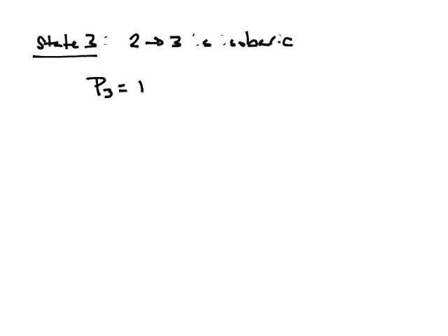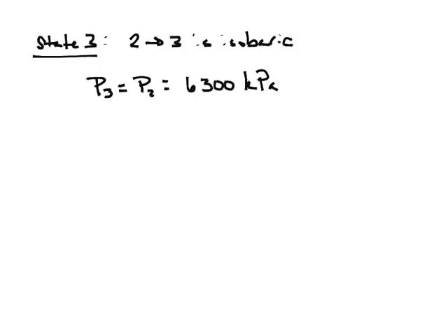Okay, so state 3 is the next thing we need. 2 to 3 is isobaric, so we're going to use what we know about the process between the states to find the next state. So what do we know? Right away, we know P3 equals P2, which equals 6,300 kPa.